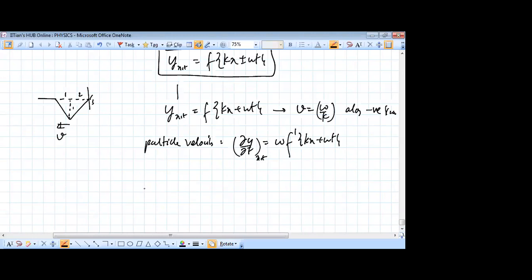Now also you'll see that the slope of the y versus x graph, which is basically the snapshot picture, this is a snapshot picture at that instant. This is the snapshot at t equal to 2 seconds.